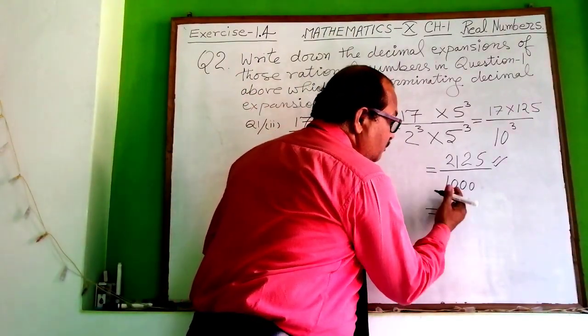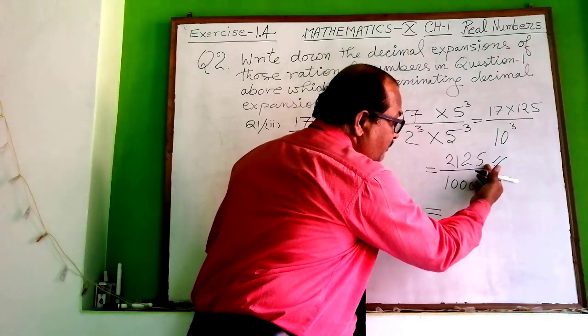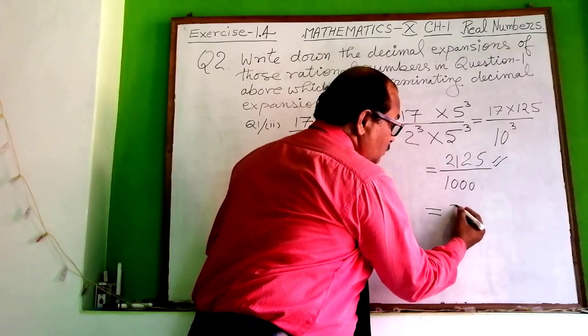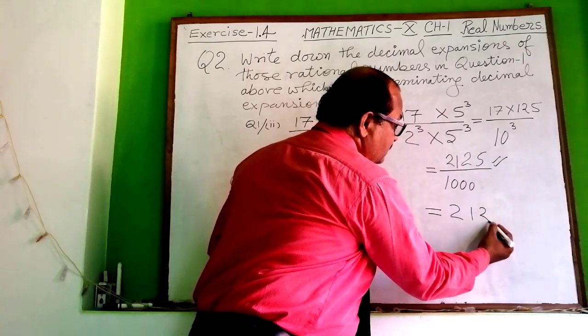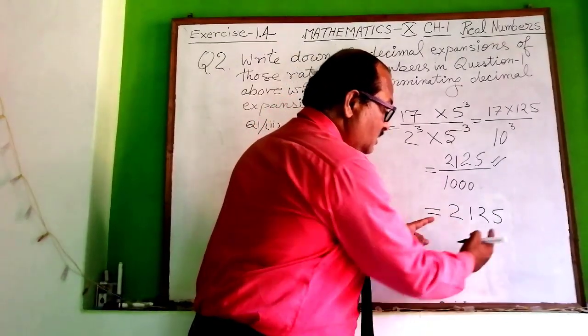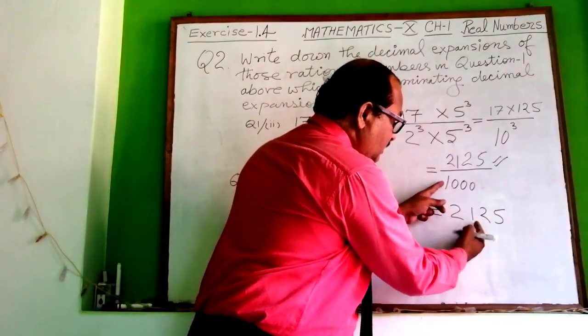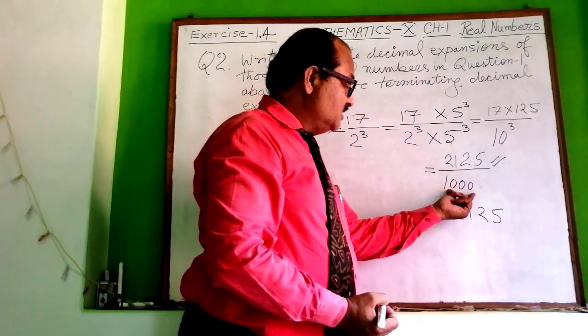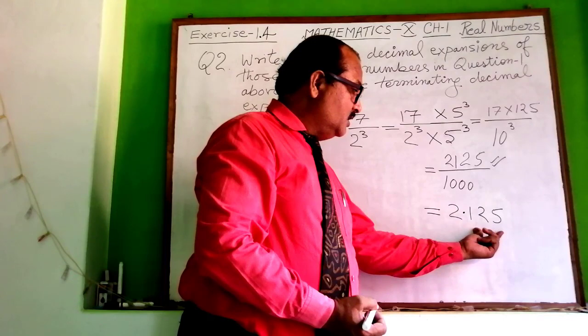Now without division, for 3 places of decimal you start from the unit place digit. So you write the number and check where you will put the decimal: 1, 2, 3. Here you put the decimal. So after how many places of decimal does this number terminate?